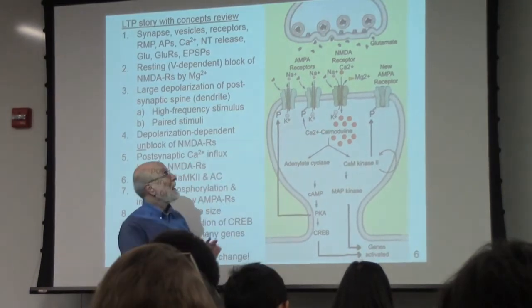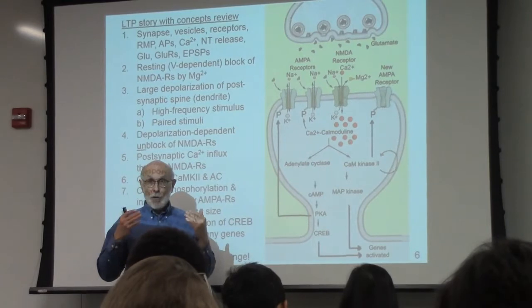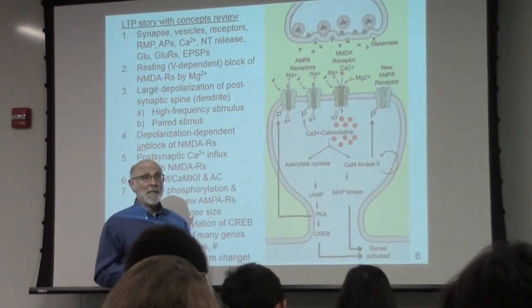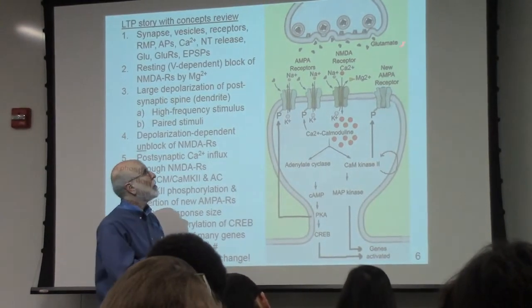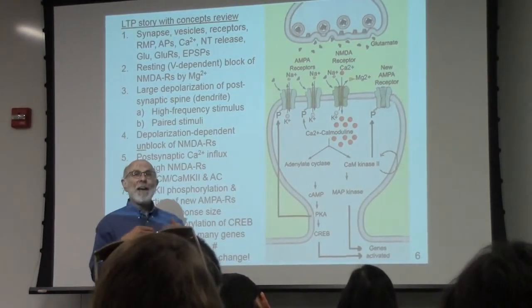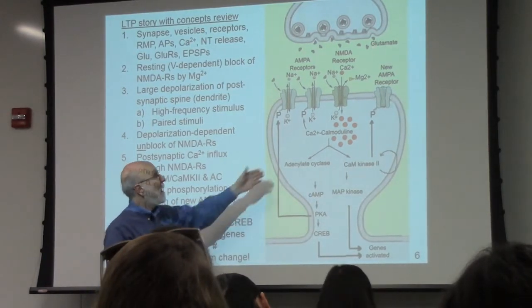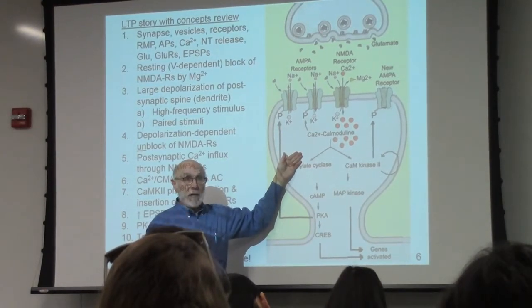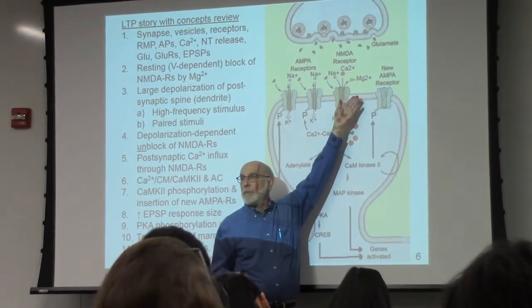But if there is a large amount of glutamate release, like a new fact is being learned, a new stimulus is going into the hippocampus, a large amount of neurotransmitter, high frequency stimulation, this cell becomes depolarized enough for long enough to kick the magnesium out of the NMDA receptor.